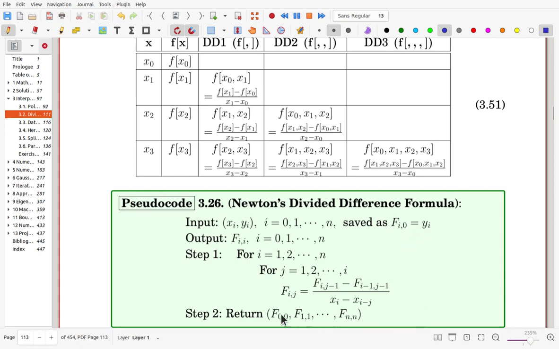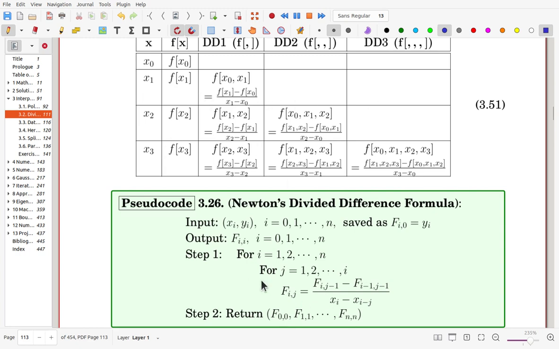The outer loop is i, which indicates the row, and j is the column, so the computation is done row-wise.